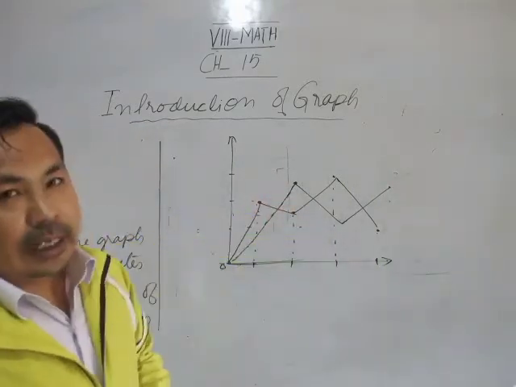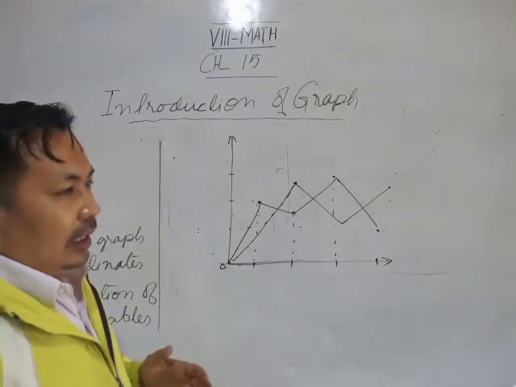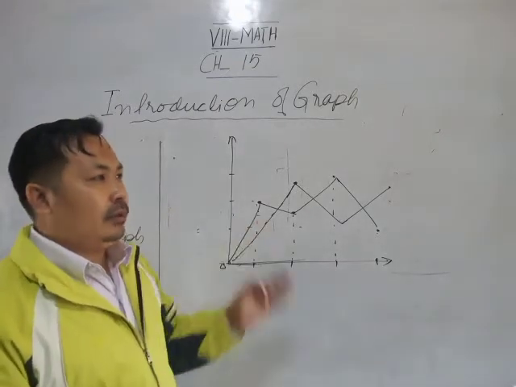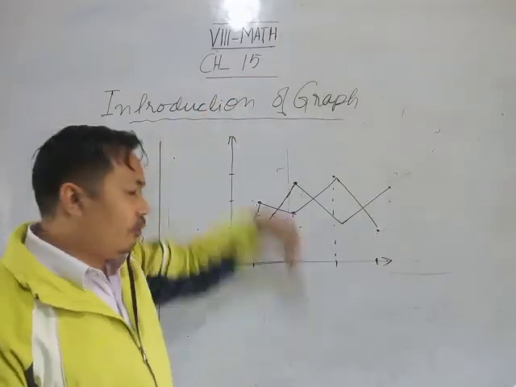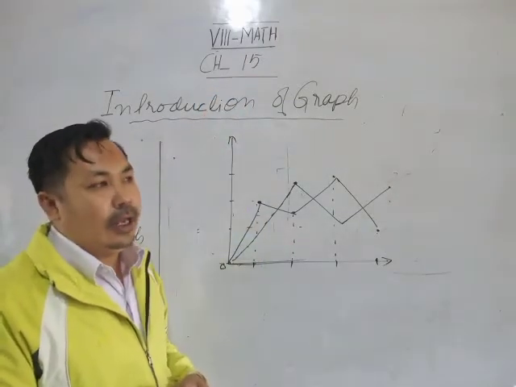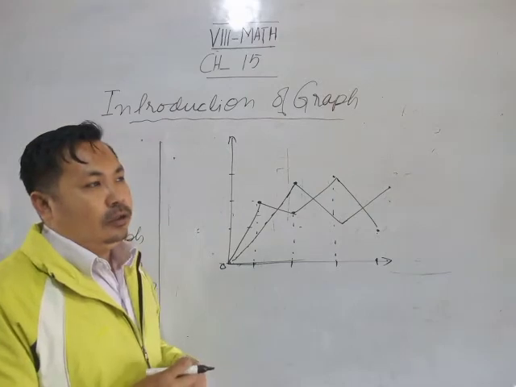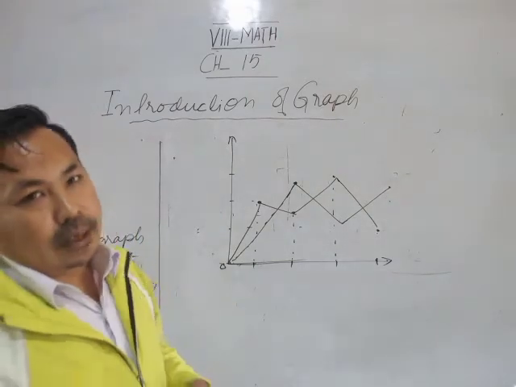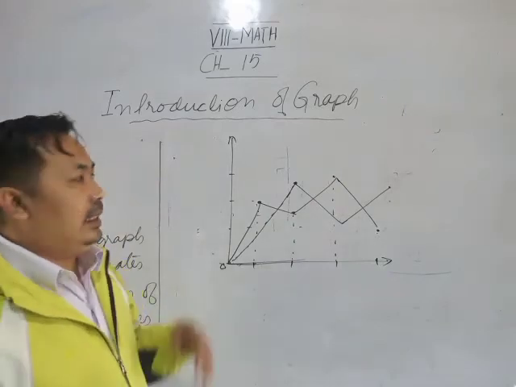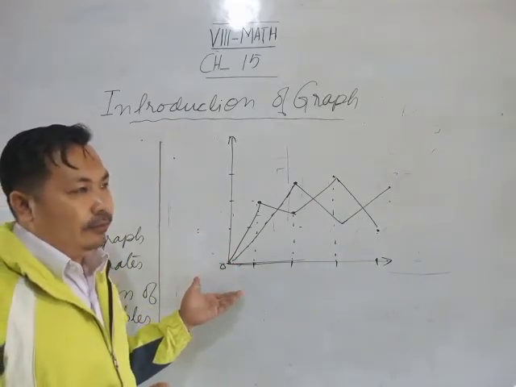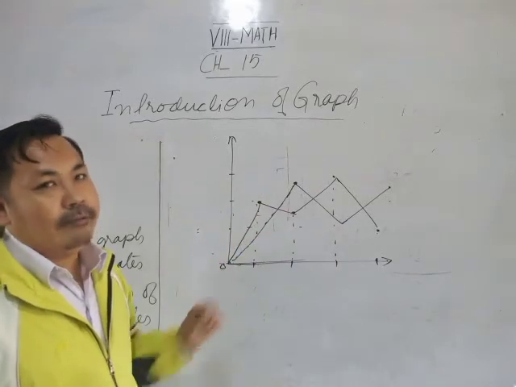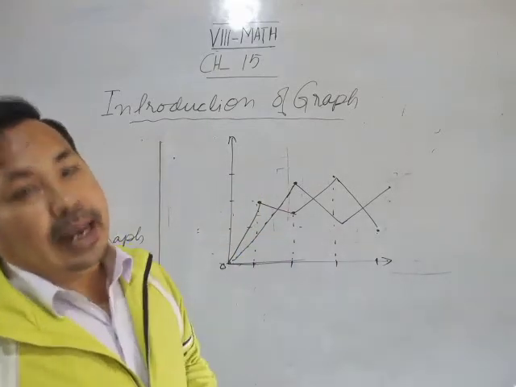Such a graph you can find when a company has a big profit or the profit is coming down like this. To study the profit or the sales of a company, the information is represented by this type of graph, and this type of graph is called a line graph.